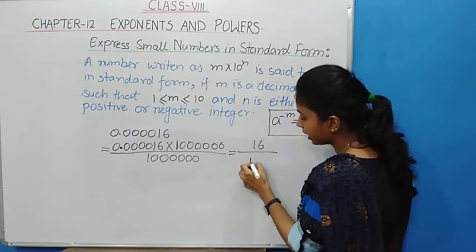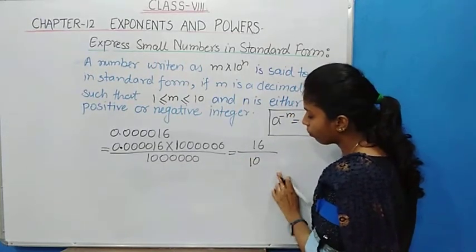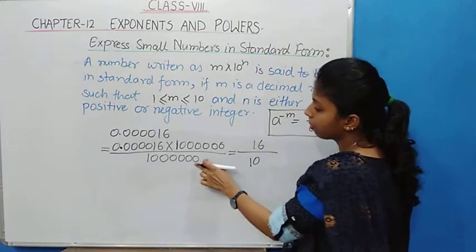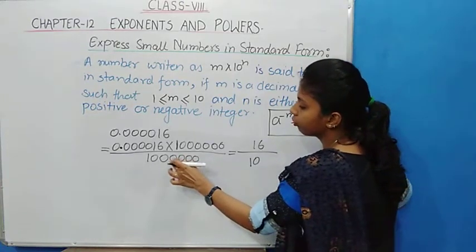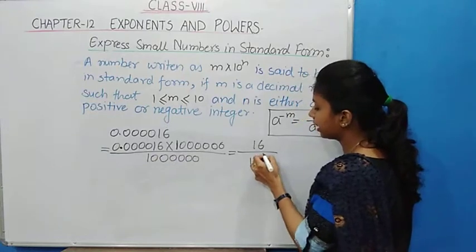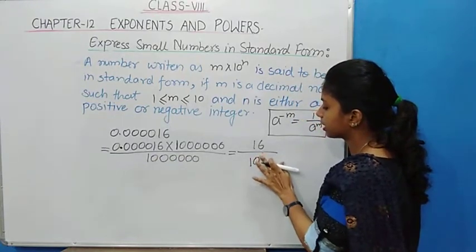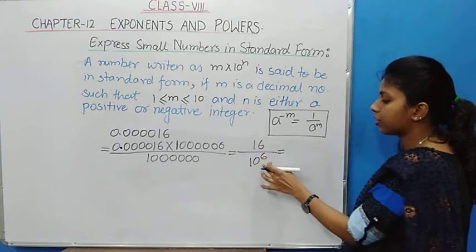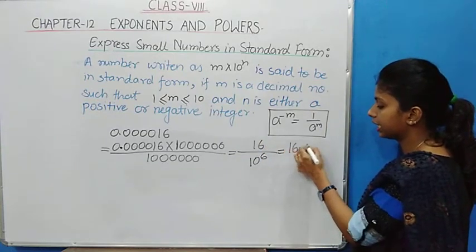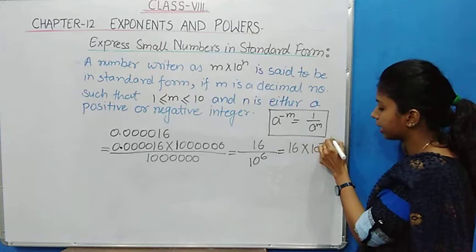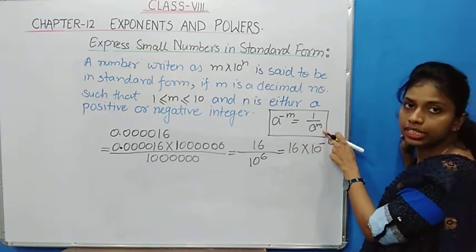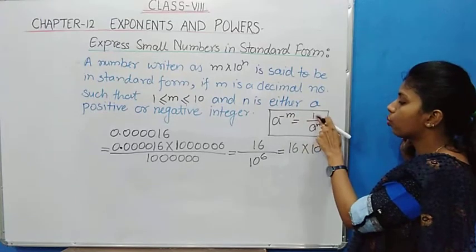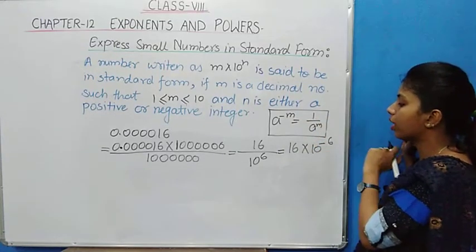So we can write 10 to power, the exponent becomes equal to the number of zeros, 1, 2, 3, 4, 5, 6. So we can write 10 to power 6. Now we can write 16 over 10 to power 6 as 16 into 10 to power minus 6 by the help of this law, that a to power minus m is equal to 1 by a raised to power m.